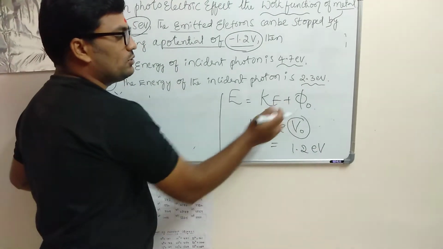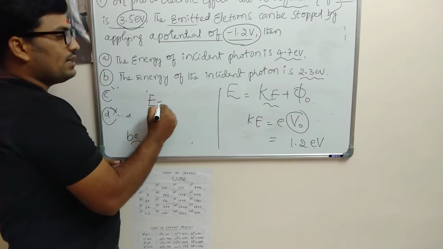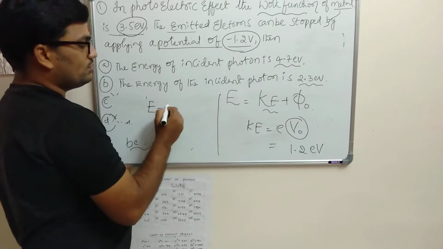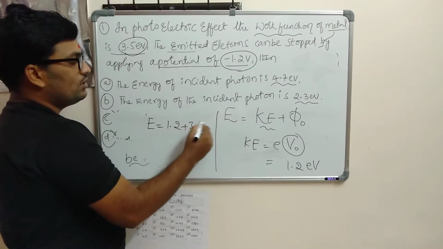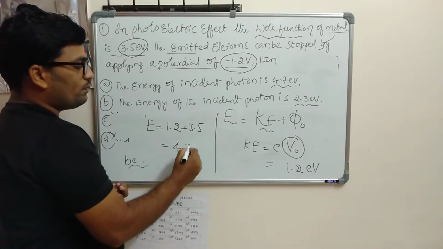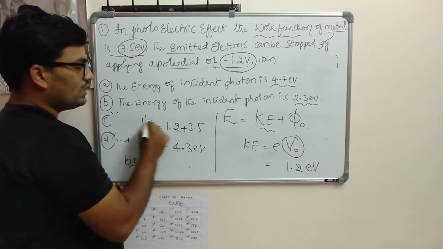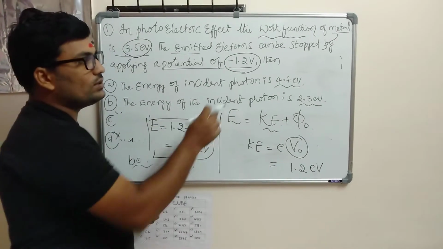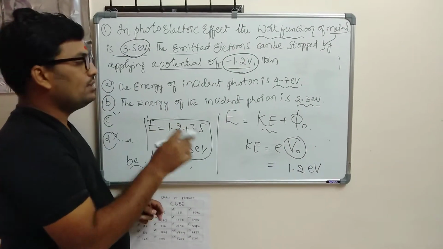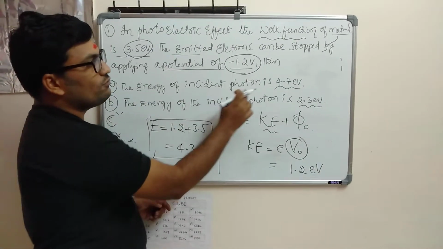Now if I substitute here, the kinetic energy is 1.2 electron volt and the work function is 3.5. So the total is how much here? 4.3 electron volt, which is the total energy for the electron. So if you reduce this much, it will be stopped. So here the energy of the incident photon is how much?